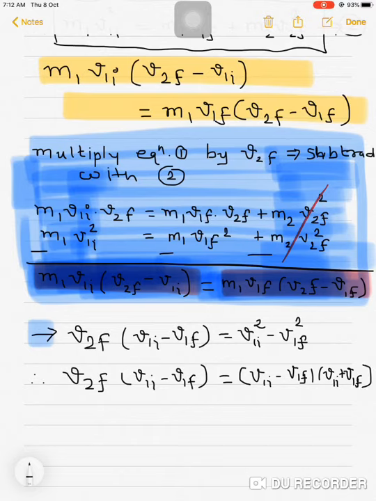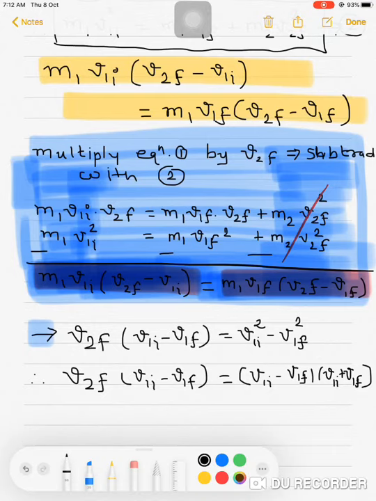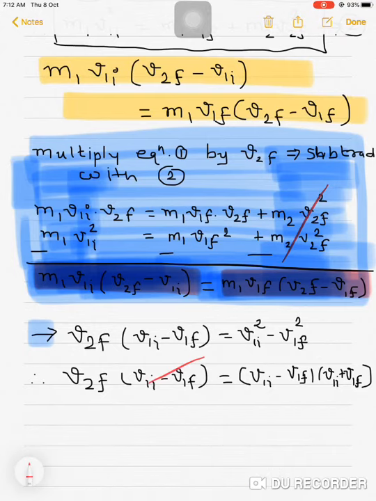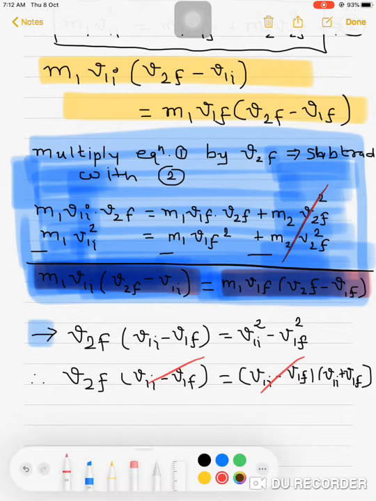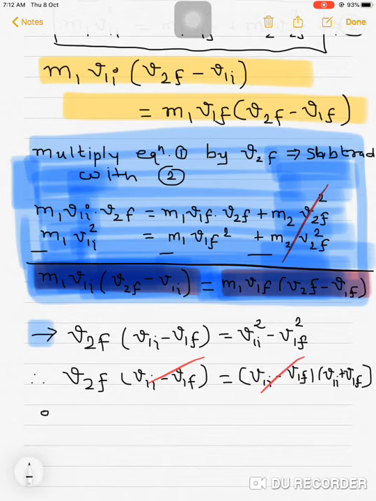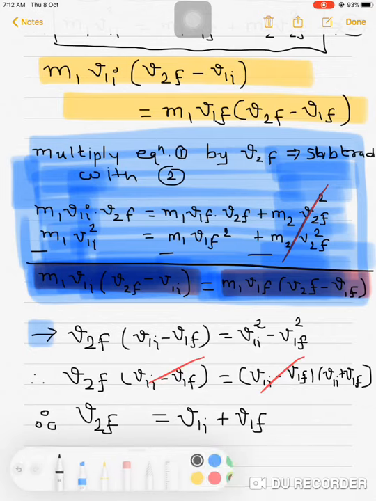Now V1I minus V1F is cancelled in both sides. So what we will get is the remaining part, that is V2F is equals to V1I plus V1F. So this is our another relation for the calculation point of view.